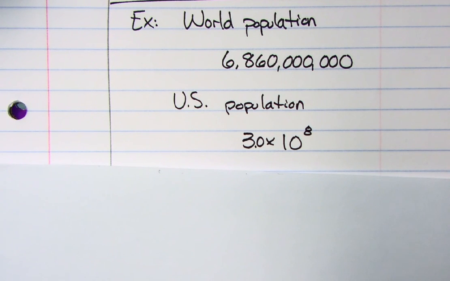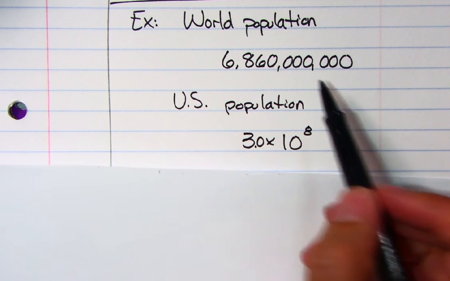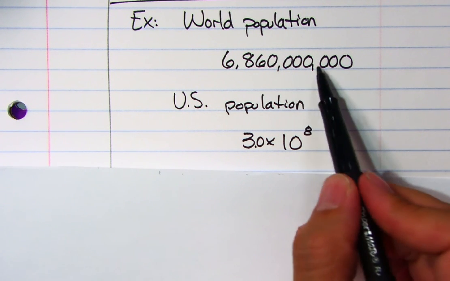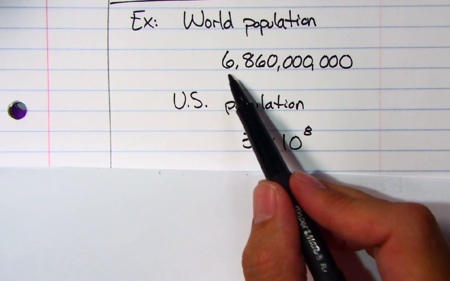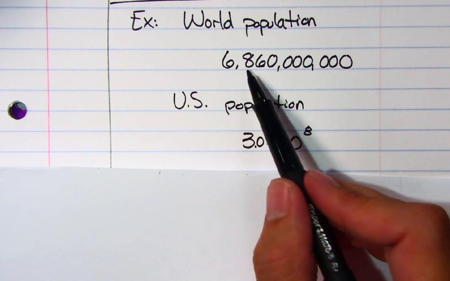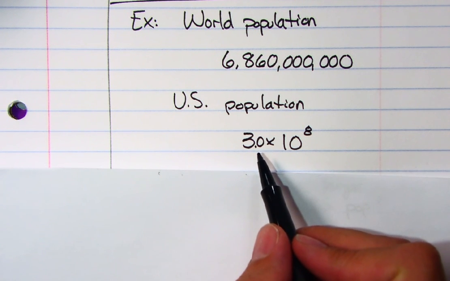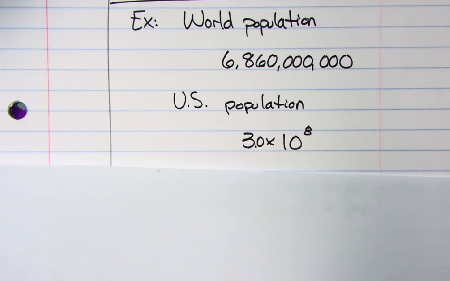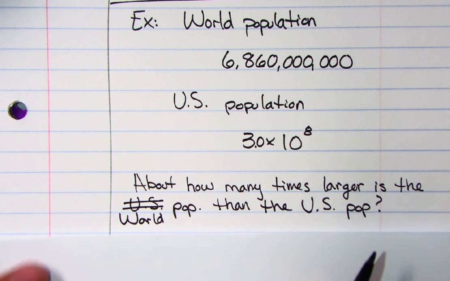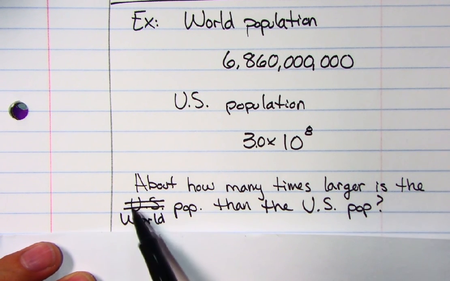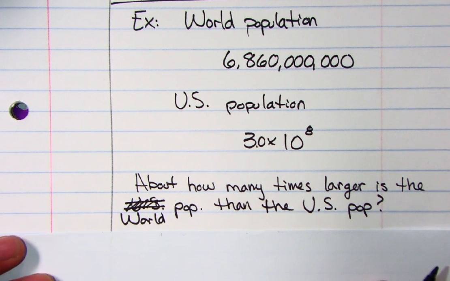Let's try one other type of problem. So the world population, this right here, see that's in hundreds, thousands, millions, billions. 6,860,000,000. Whereas the U.S. population has about this much. I don't know how many times larger is the world population, sorry I wrote U.S., than the U.S. population.